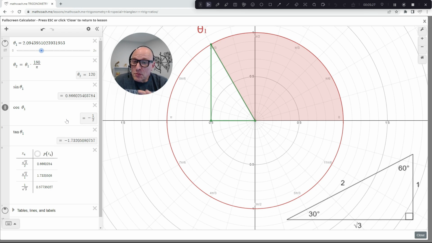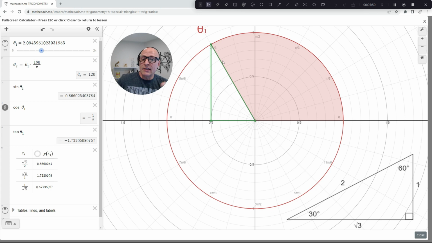Just to preview that for a little bit, what is the cosine of an angle? Well, the cosine of an angle is the adjacent side. So for the cosine of 120 degrees, you actually don't measure the ratio from the complete angle.